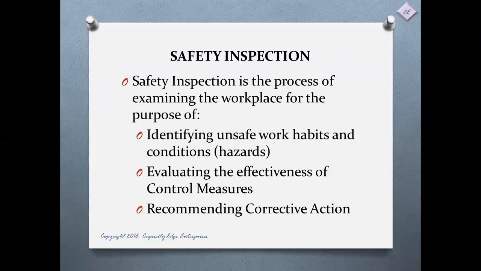We want to examine the working environment in order to identify any habits or conditions that are not safe for the worker. Then we also want to evaluate the effectiveness of our control measures. The control measures we put in place to address the unsafe working habits and conditions. Are they effective in addressing such unsafe working habits and conditions?